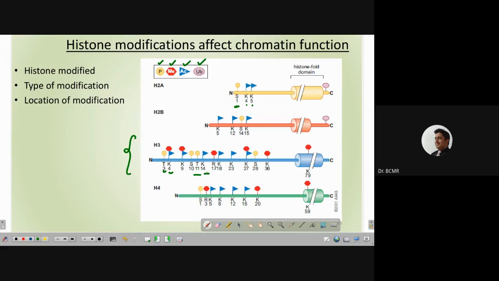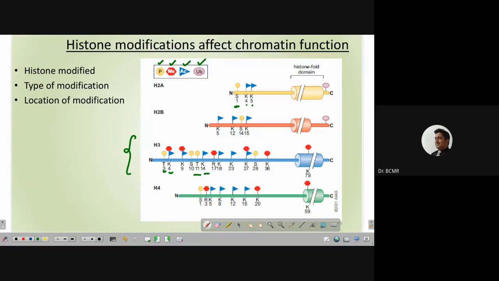For the moment, what I want you to remember is that there are histone tails, and there are serine and lysine residues, which can be covalently modified, phosphorylation on serine residues and threonine, and then we have methylation, acetylation. Methylation and acetylation can happen on lysine residues.